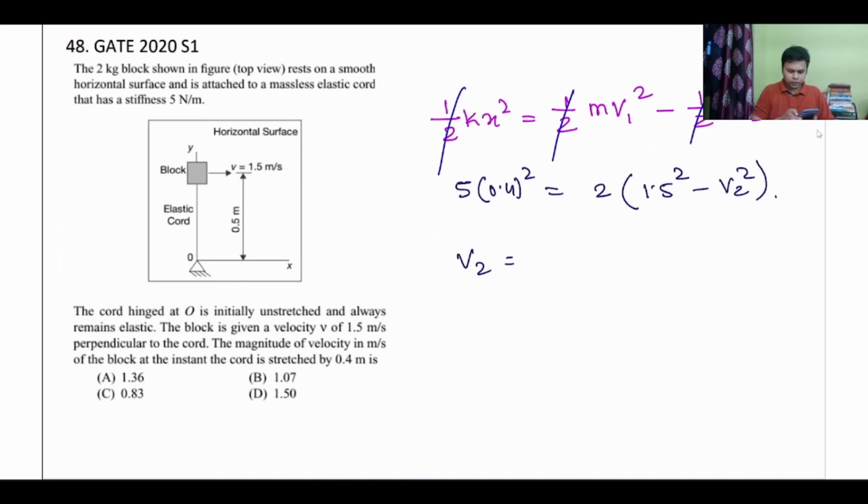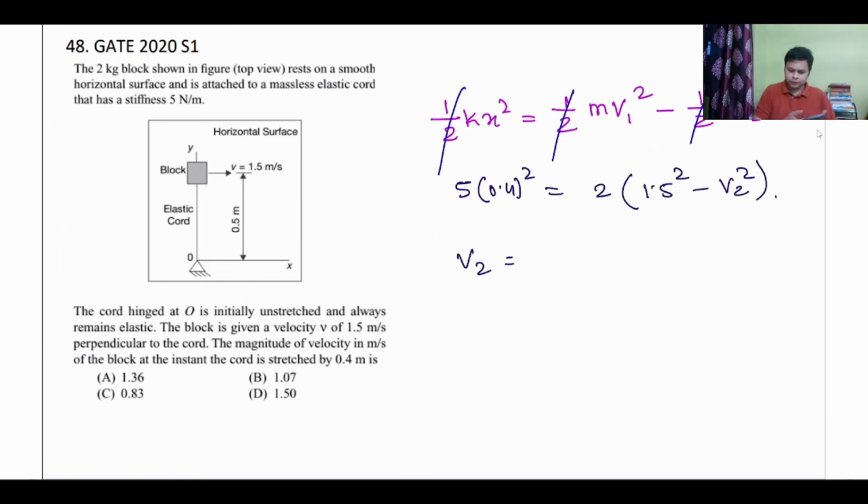Now there is a twist, a little trick in the question, let us see. 5 into 0.4 whole square divided by 2, 1.5 square minus of answer, and then the square root for v2.